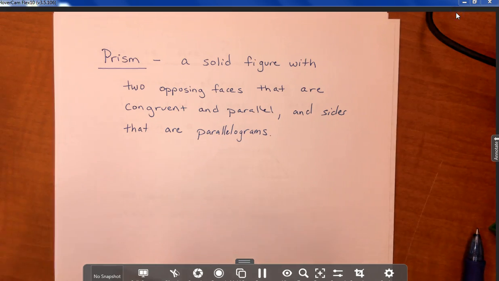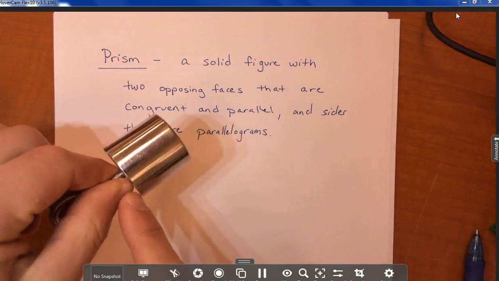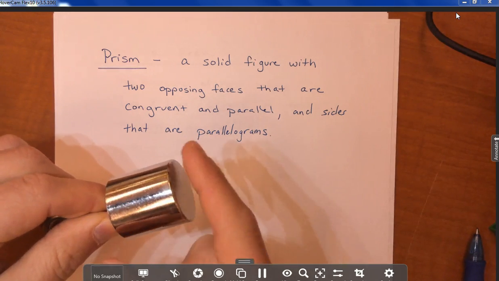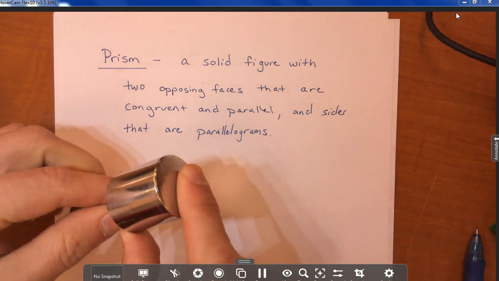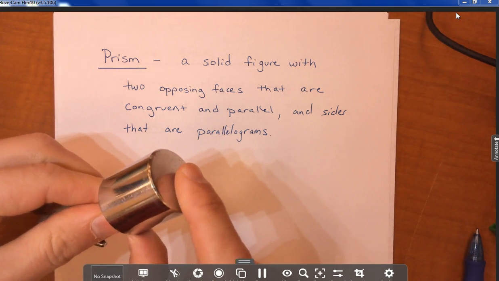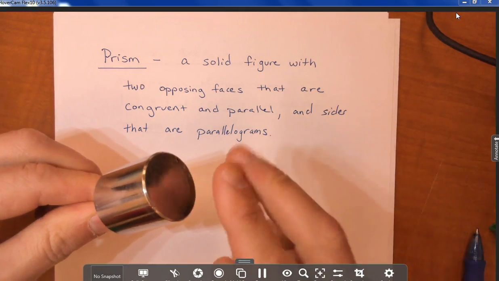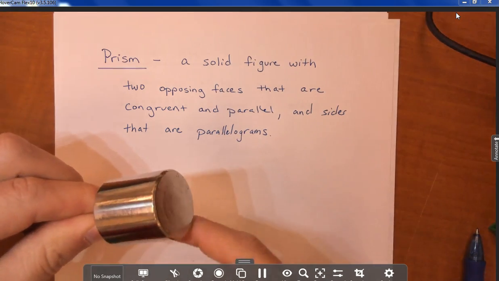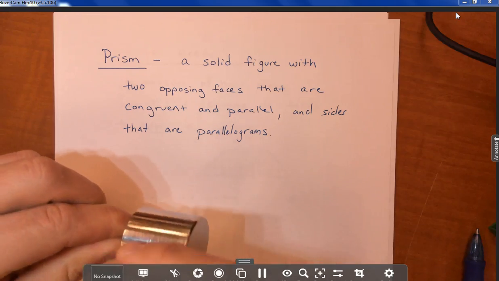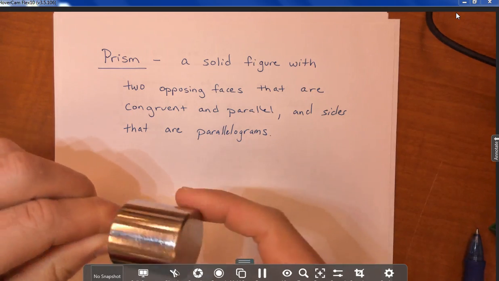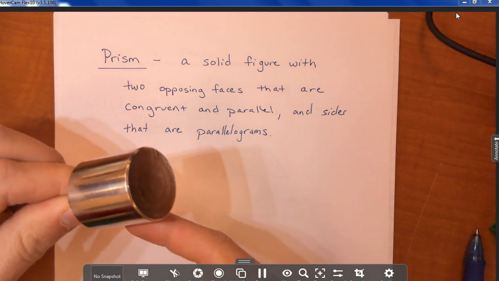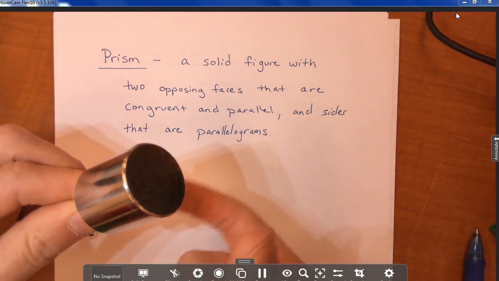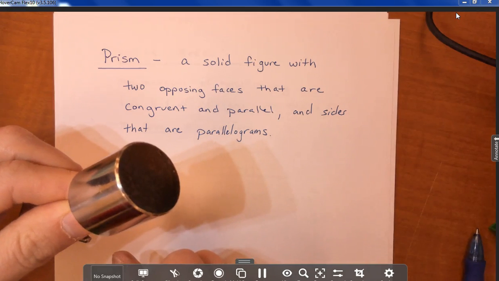A cylinder, if those two opposing faces that are congruent are not polygons, but they are circles, we don't call this a prism. A prism by definition has to have polygons as all the faces, and all the faces have to be flat. Here in a cylinder, this side right here that's connecting the two circles is not flat, so it's not a face, at least not a flat face, and these two sides here are not polygons.